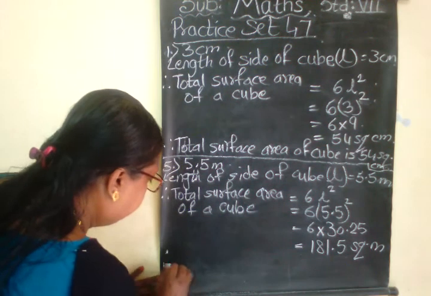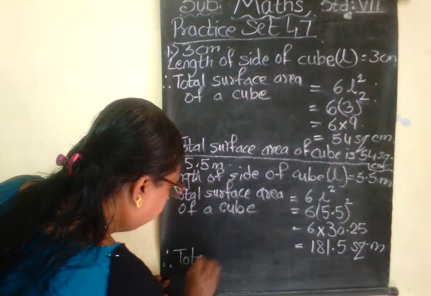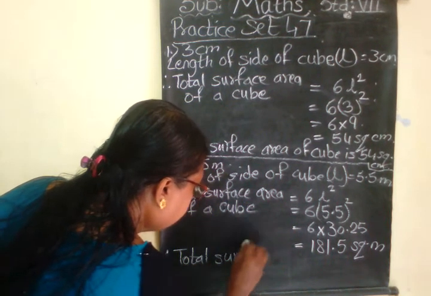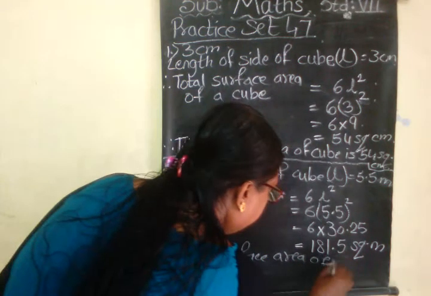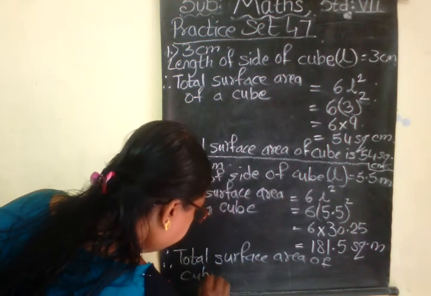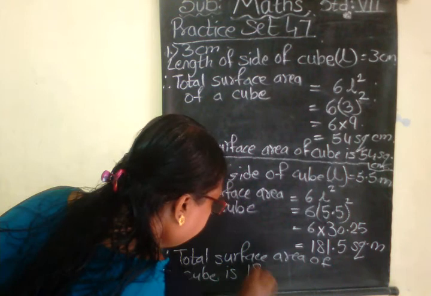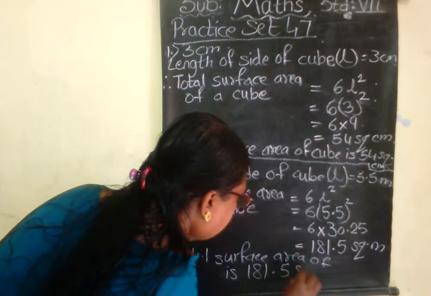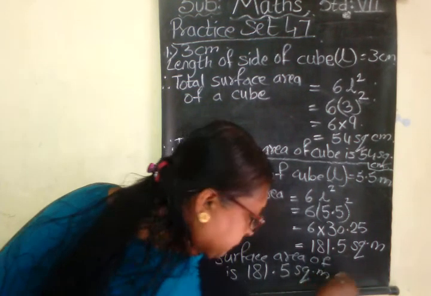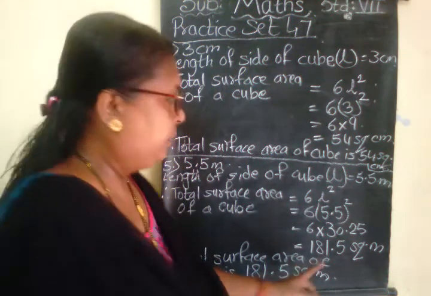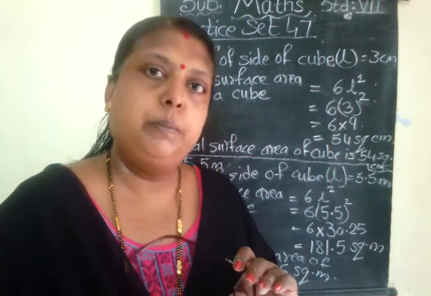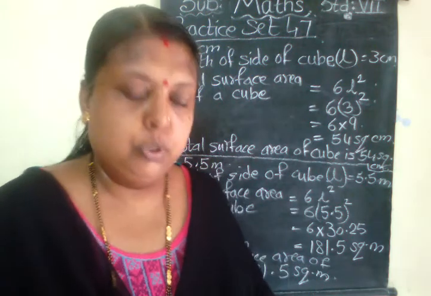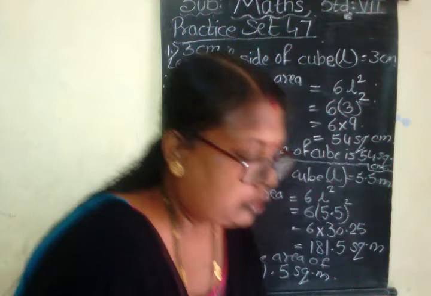So therefore, the total surface area of the cube is 181.5 square meter. Okay children, so this is your fifth sum. Sum number 2, 3 and 4 will be homework, same manner you have to do, very simple sums. Okay, now second question we will do.